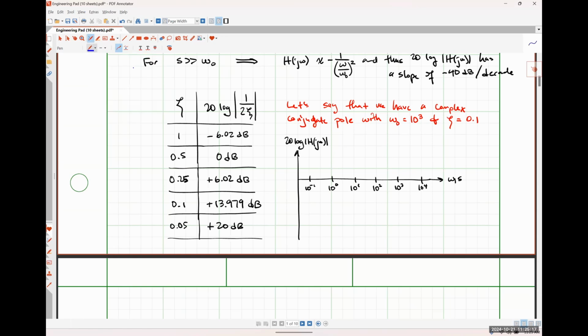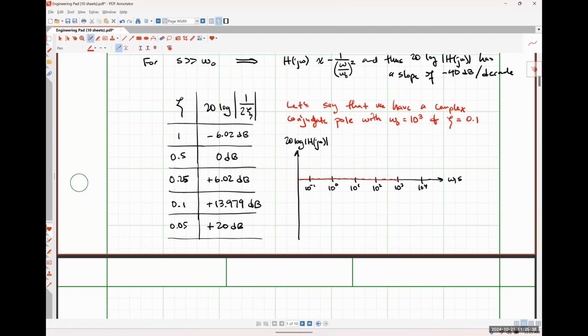I'm going to do this in red. So we know that our resonant frequency is 10 to the 3. So I would have something like this.